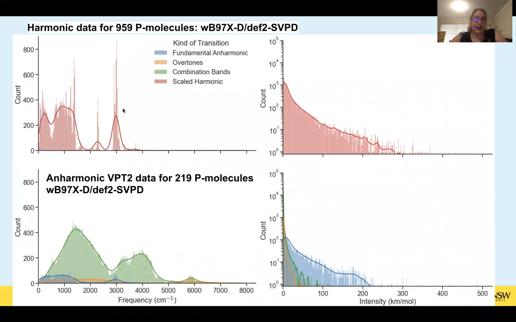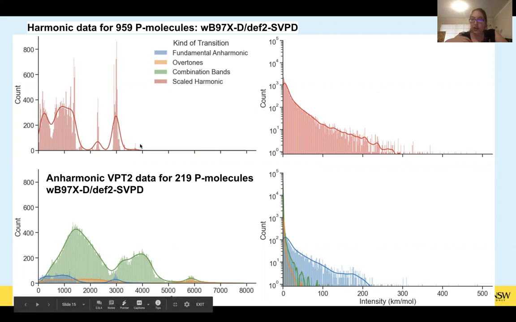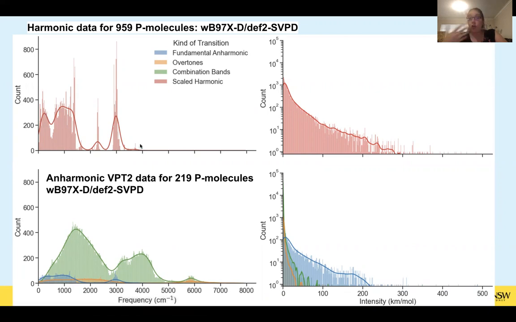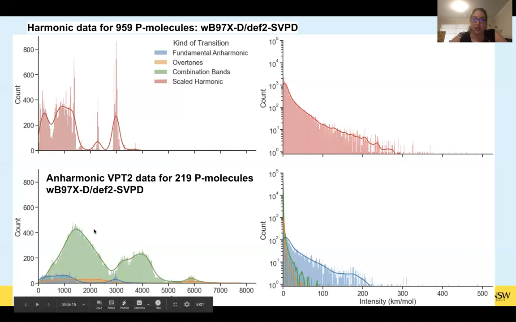So this is the harmonic data up the top, and this is a more accurate data called anharmonic VPT2, just a better method basically. The idea here is that we've got the harmonic frequencies, which are the strongest ones, but we've also got a whole bunch of weaker ones, which are the overtones and combination bands, and we can start to analyze those.